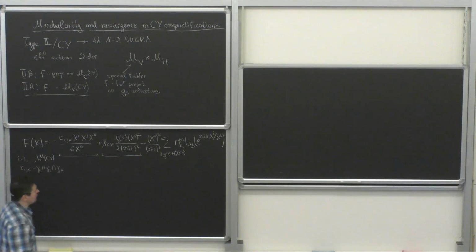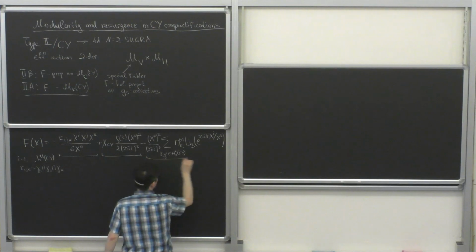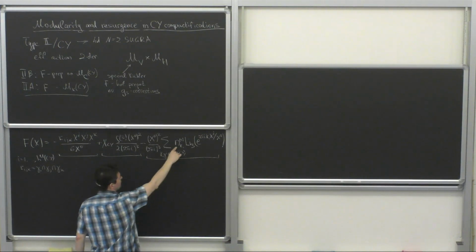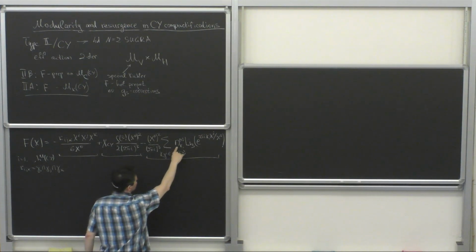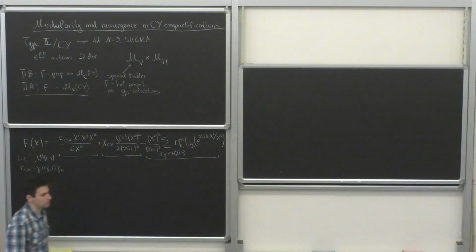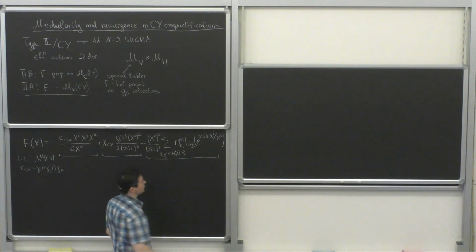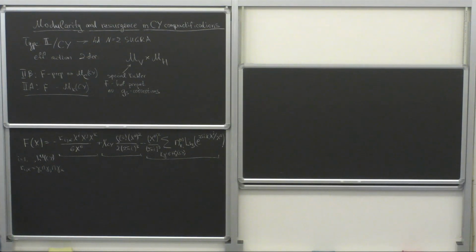And then the third contribution is the contribution of worldsheet instantons, where these coefficients n_k^(0) are the genus 0 Gopakumar-Vafa invariants of the Calabi-Yau, and this is a polylogarithm which takes into account the multi-coverings of worldsheet instantons.